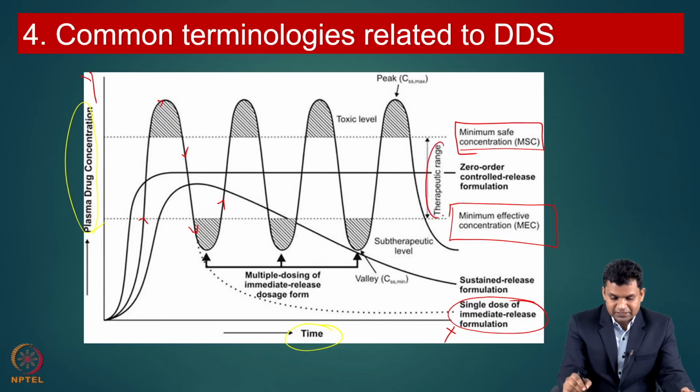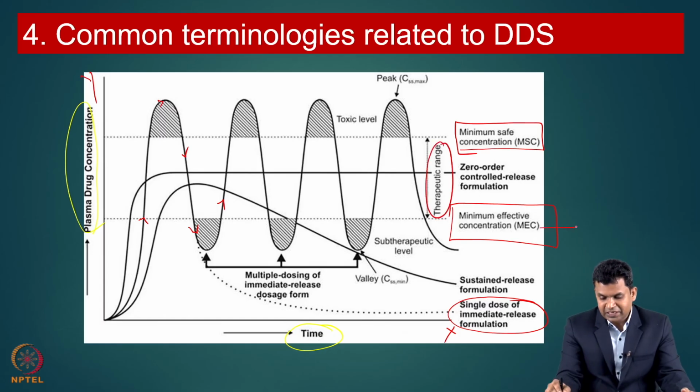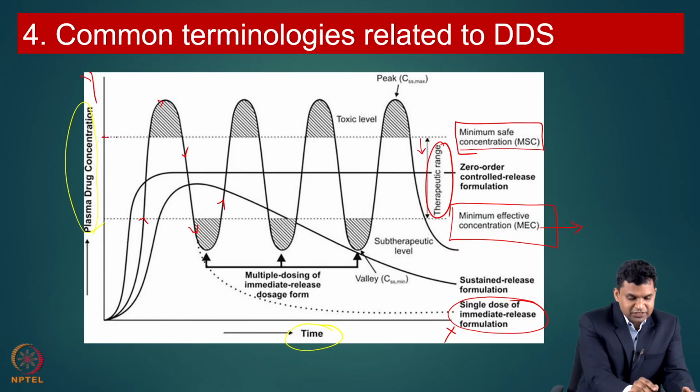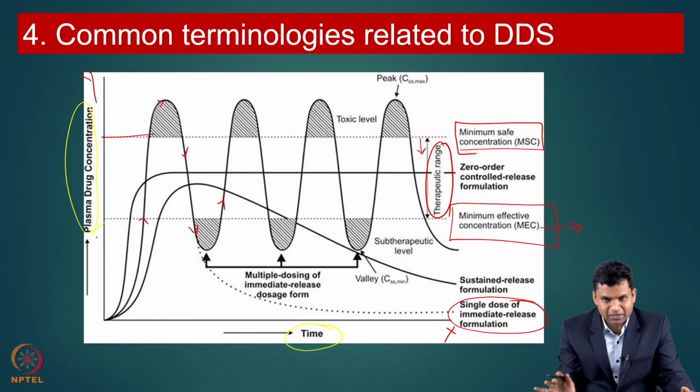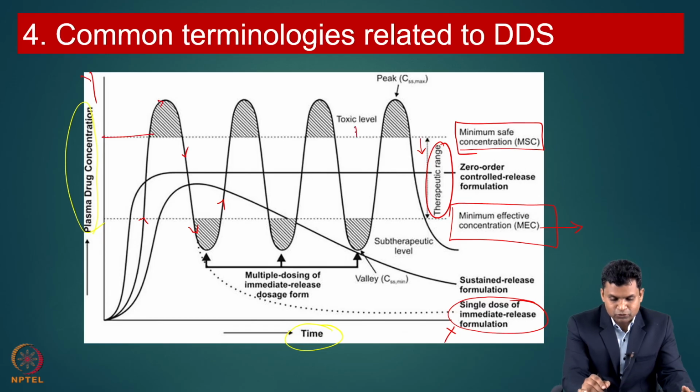That is called the therapeutic range, the minimum concentration required to show efficacy or therapeutic effect on that particular disease. That is called MEC, minimum effective concentration, and the other one is the minimum safe concentration. Below this level your drug will be very safe in the blood or plasma, and above this it will show toxicity.